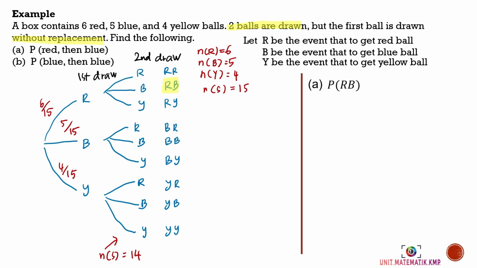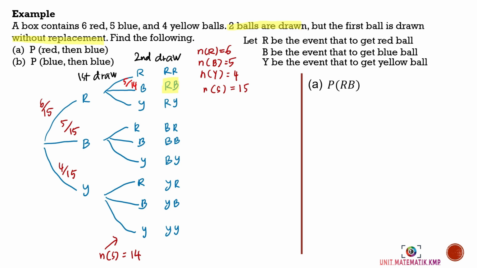The first branch is 6 over 15. What is the value of probability for the second branch? So the NS is 14, and the number of blue balls that is still remaining is 5.